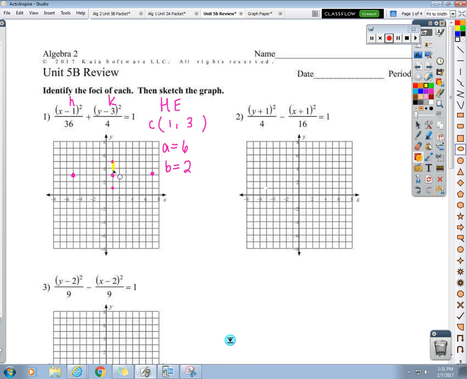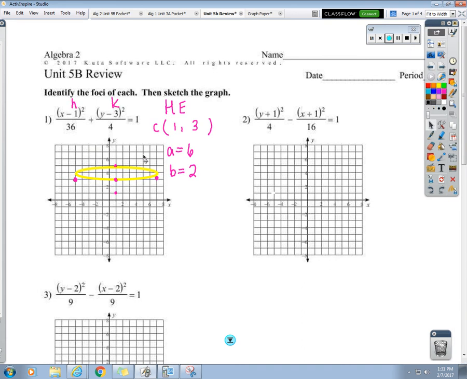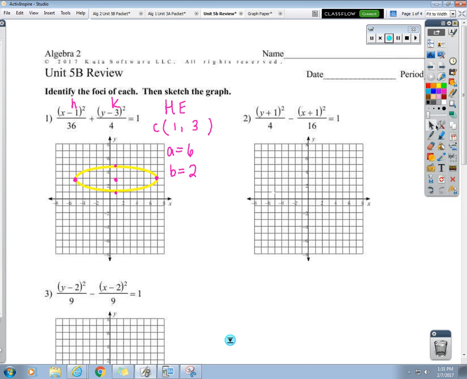It'll be better. Okay, so your ellipse should look something like that.